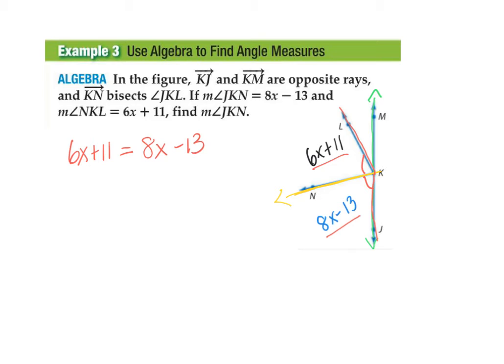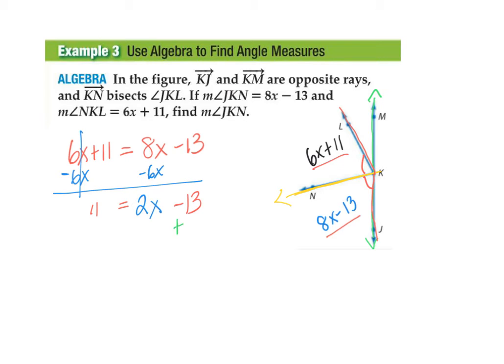And now I'm going to revert back to Algebra 1 and solve for x. So I'm going to move my 6x over to the other side. So I'm going to get 11 equals, and then I'm going to actually do that subtraction. So I get 2x minus 13.